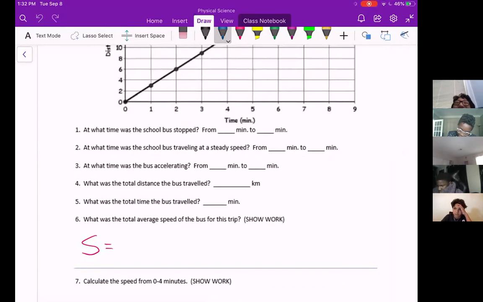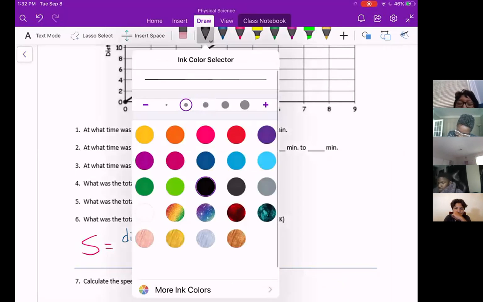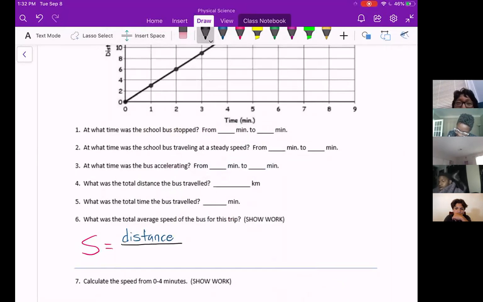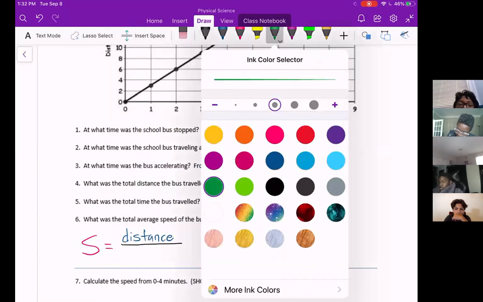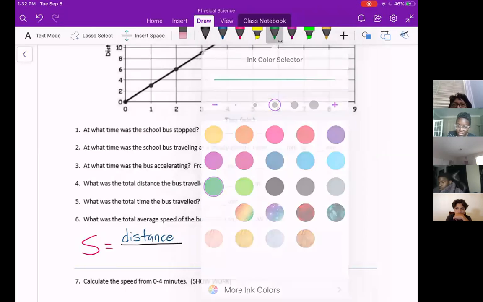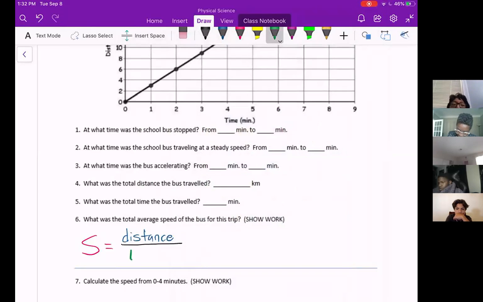If I want the total average speed, Garrett said it is distance, and then we divide that by the time. Miss Payton, you had said that there were two more formulas for when we would do this. Yes, and we'll get to it.